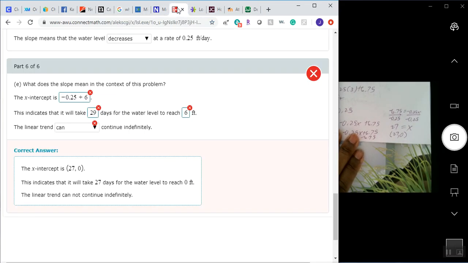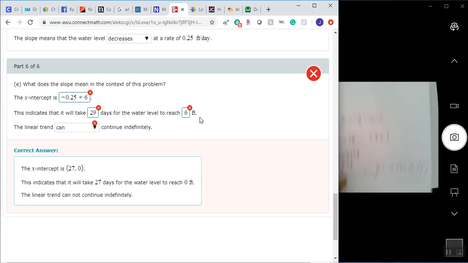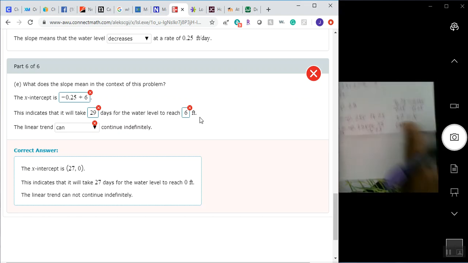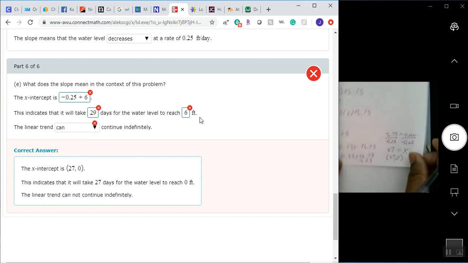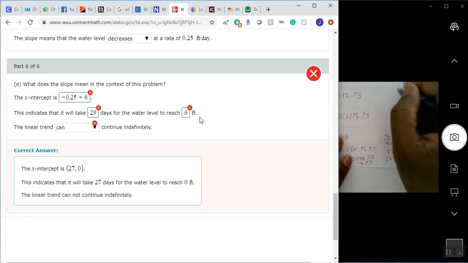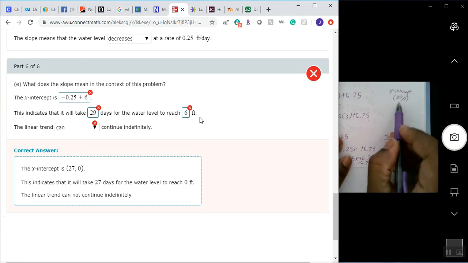Now we look at the second part. This indicates that it would take blank days for the water level to reach blank feet. This x-intercept, which I've denoted here, is 27, 0. It asks us what it means.